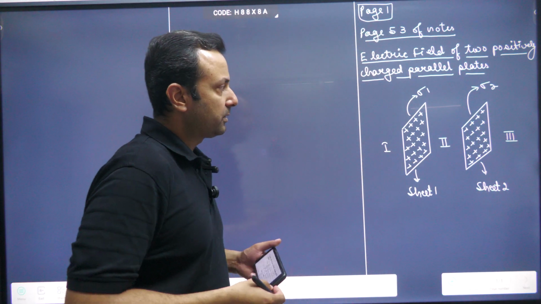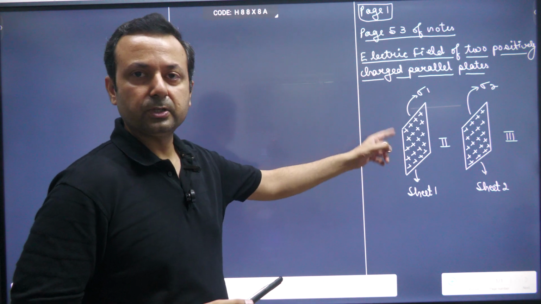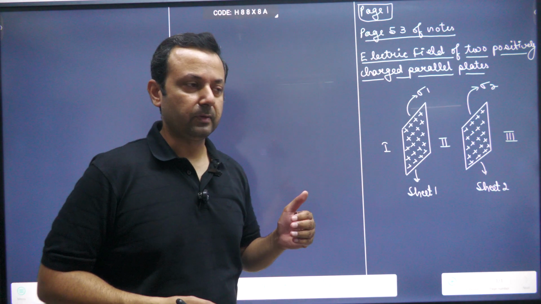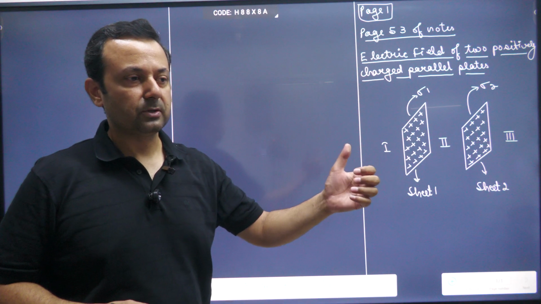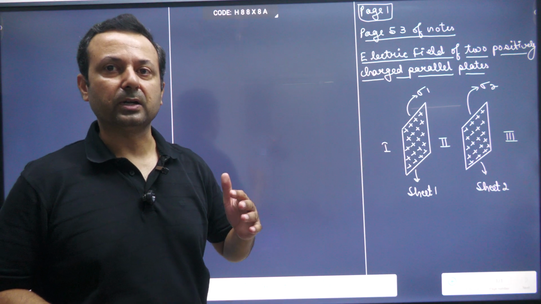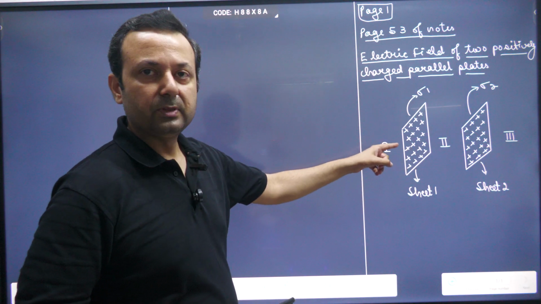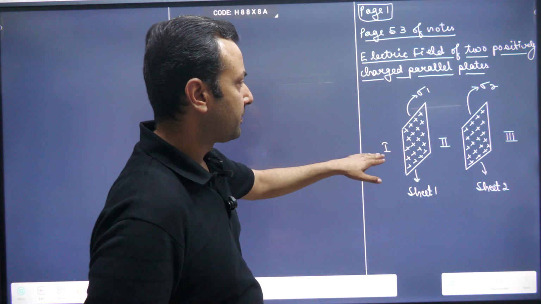Now, electric field in this region, electric field due to this sheet. We know that the electric field always moves away from the positive charge, and the electric lines of force go into the negative charge. So I have two positively charged plates. Because of this plate the electric field will be in this area.